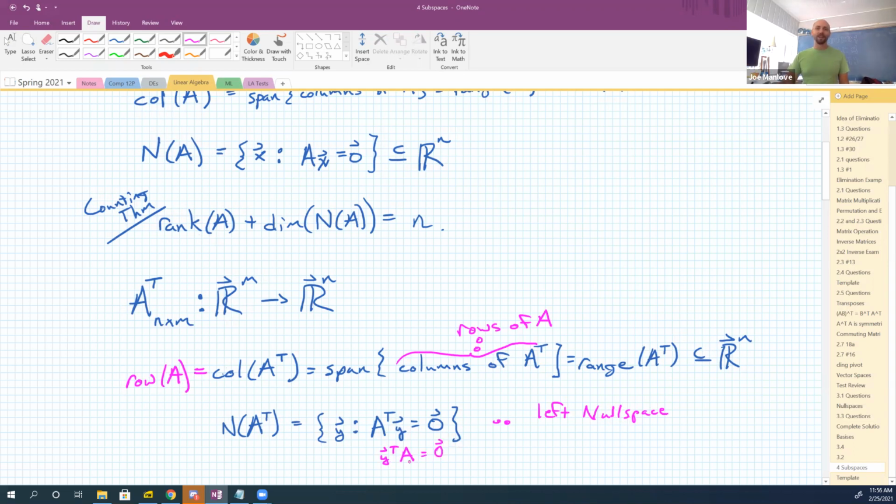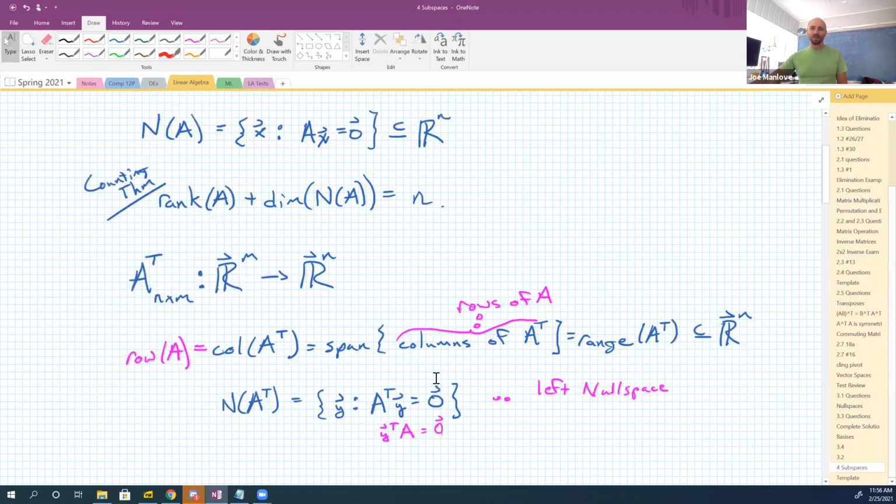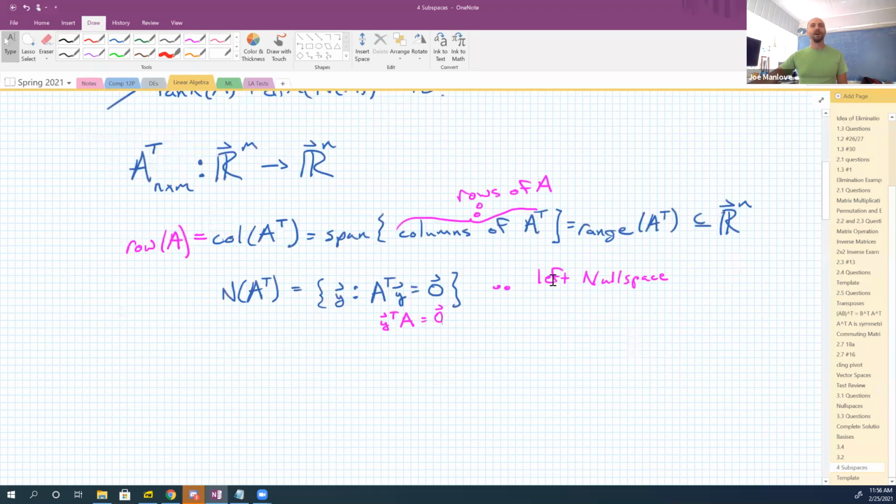They're just saying, okay, look, if you multiply from the other side, you get 0. Does that kind of make sense? Don't sweat that much. It's not very important. What is important is that you know it's the null space for the transpose matrix.